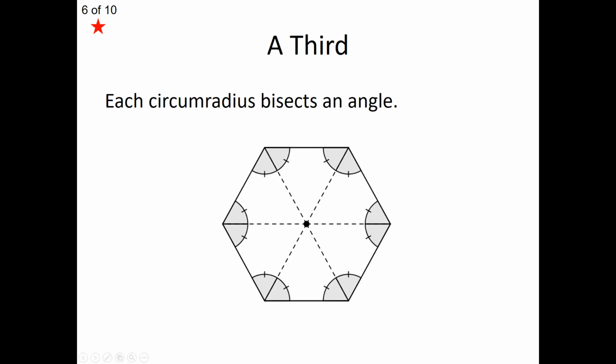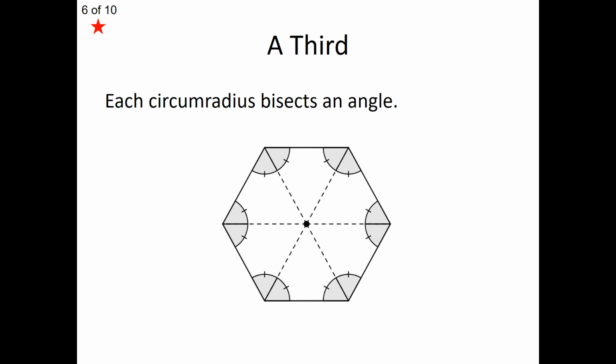There's also a property about the circumradius. Now, this property is not necessarily needed in our derivation, but it is going to be helpful when we move toward finding the area of regular polygons.